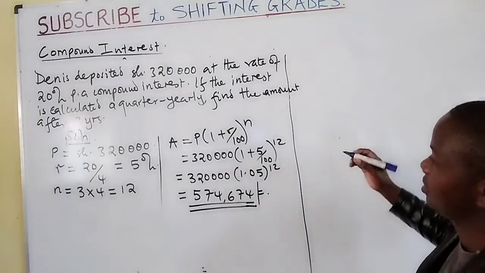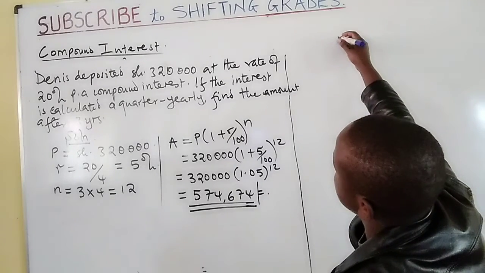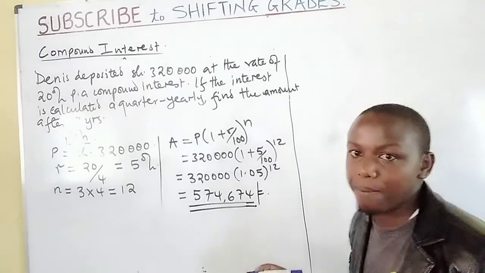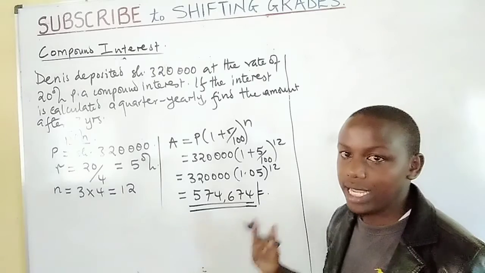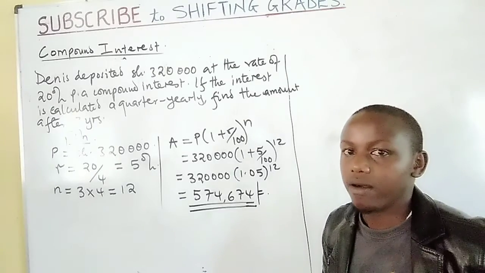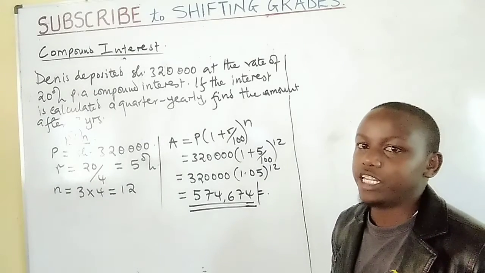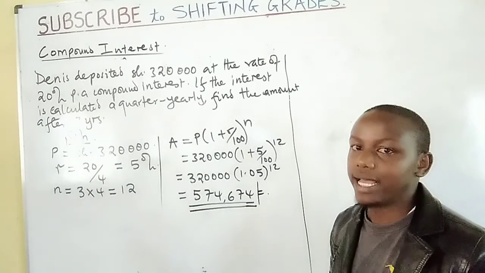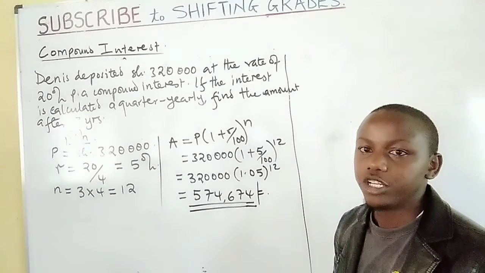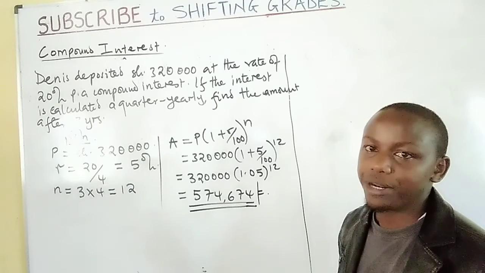Let's say a given article, we have a piece of land bought at a given value, then with time the land appreciates, or the land increases in value. You find that the land is selling at a higher price than it was bought, and in such a case where a commodity increases in value compared to how it was bought, we say that it has undergone appreciation.